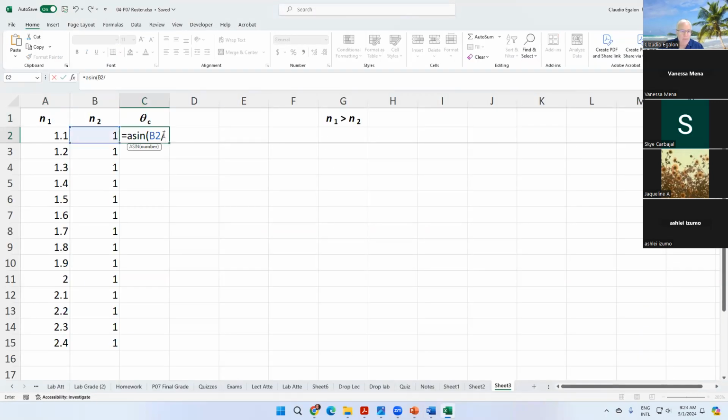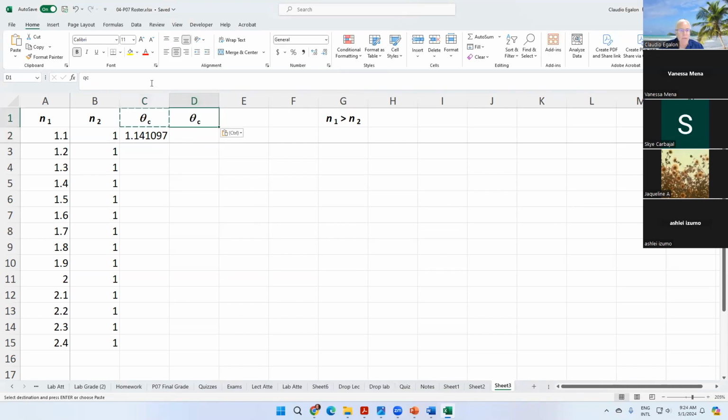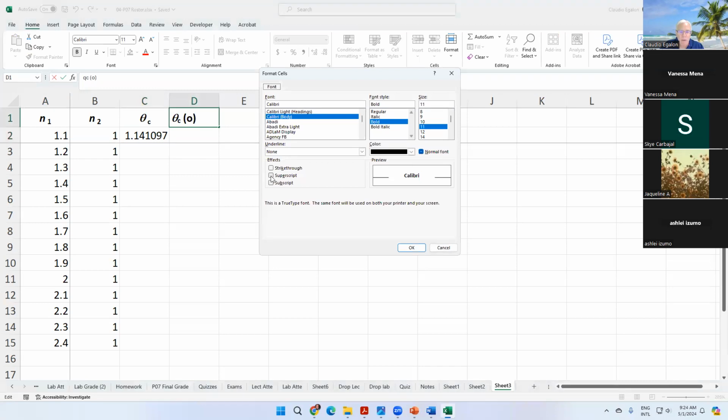And don't forget, this is in radians. The next one is going to be in degrees. Even better, I'm going to put a little o here, and then we superscript it.